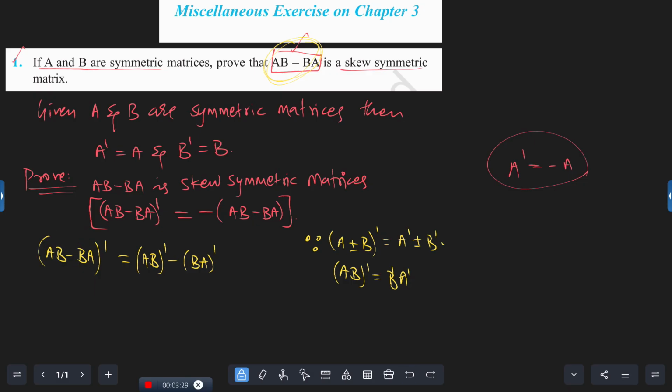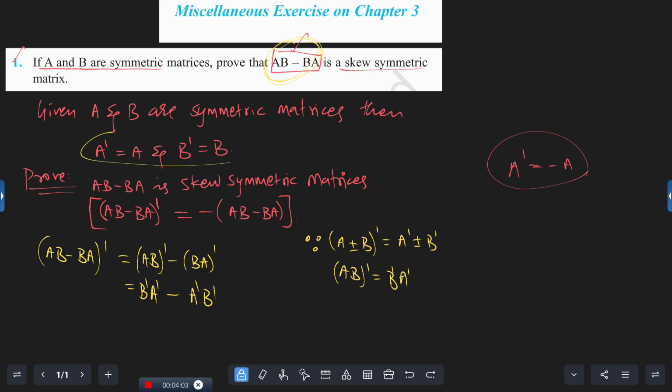Then we come back to the reversal formula: AB whole transpose, when you apply it, you will get B transpose and A transpose, that is B dash A dash. In the same manner, BA whole transpose will become A transpose and B transpose.